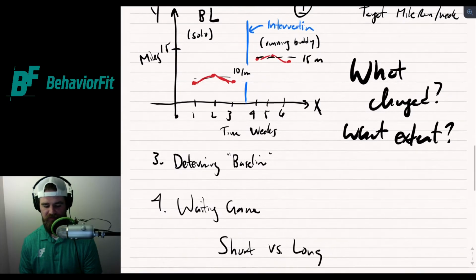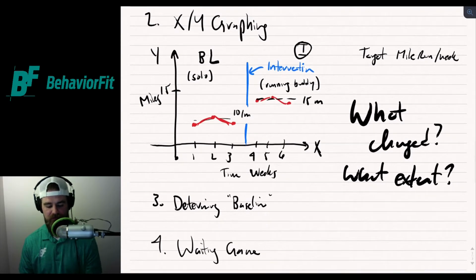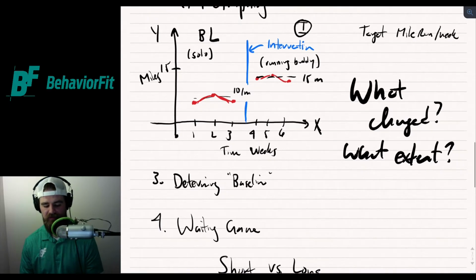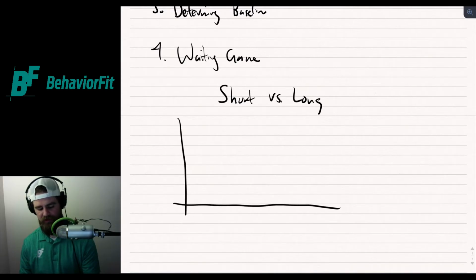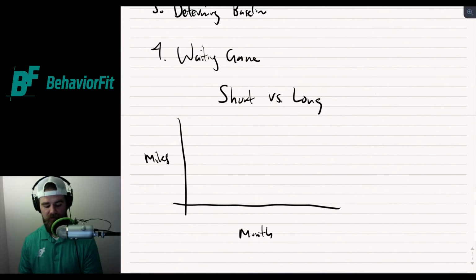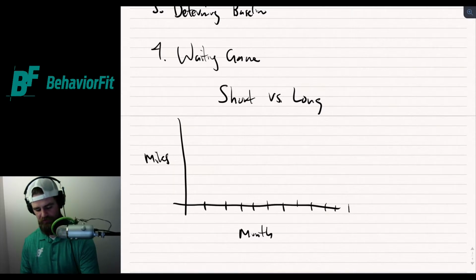So in my example up here, I looked at a 6-week window, hypothetically. Now if we draw a new XY graph, and we put months on the x-axis, and we put miles again on the y-axis, we put January, February, March, April, May, June, July, August, September, October, November, December.